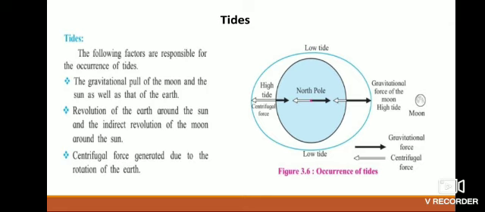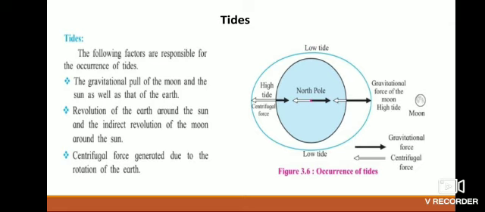Second, revolution of the earth around the sun and the indirect revolution of the moon around the sun. Third point, centrifugal force generated due to the rotation of the earth.